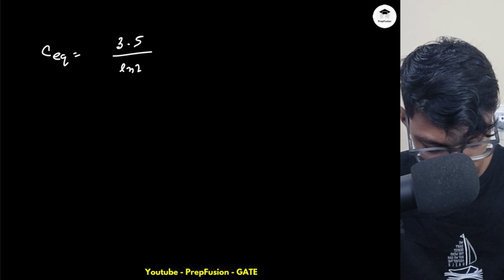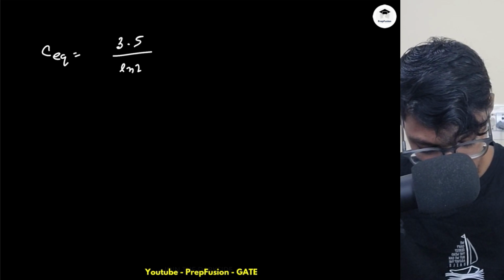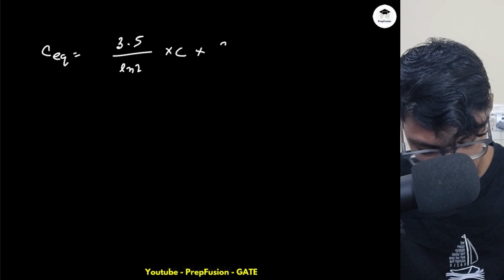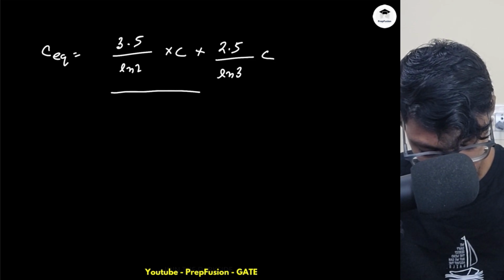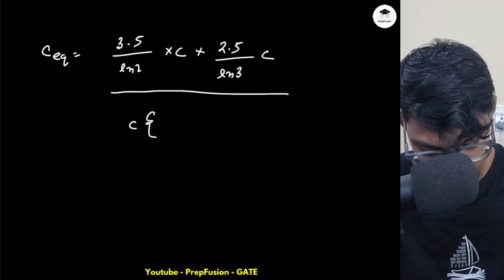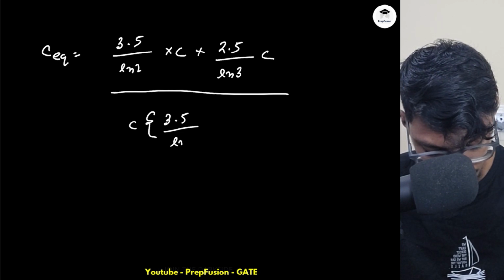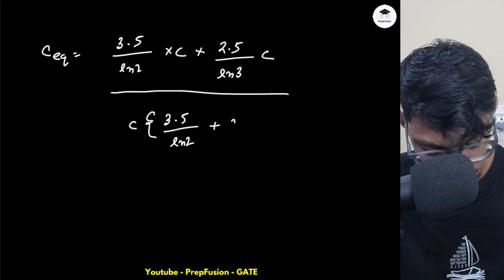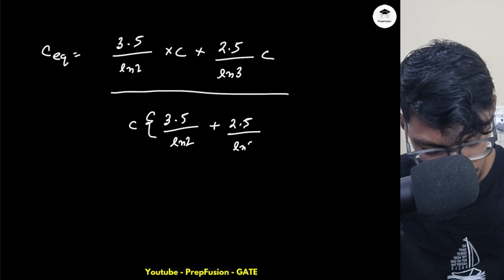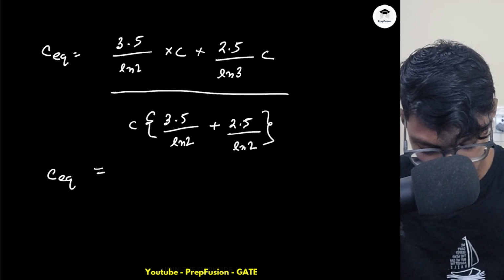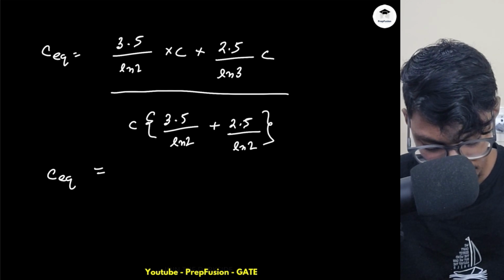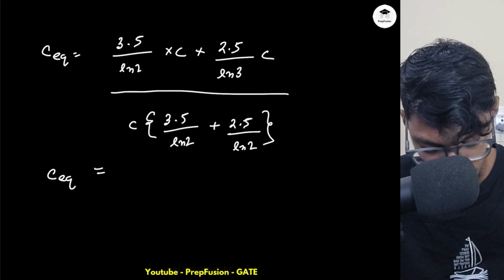3.5 by ln 2 into C into 2.5 by ln 3 into C divided by, I can take the C common, 3.5 by ln 2 plus 2.5 by ln 3. So this will come out to be what? C equivalent. So C will get cancelled and ln 2 and ln 3 can get multiplied.